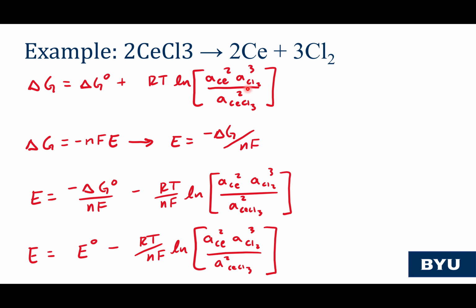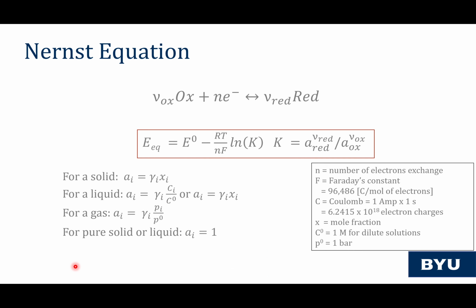Well, then we can make our transition to potential by dividing our equation by n and F. And what we end up with is a standard potential. And then we have what you might recognize as the Nernst equation, where we have our products on top and our reactants on the bottom.